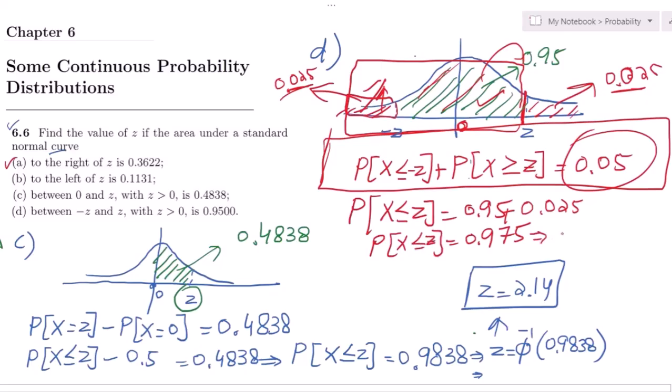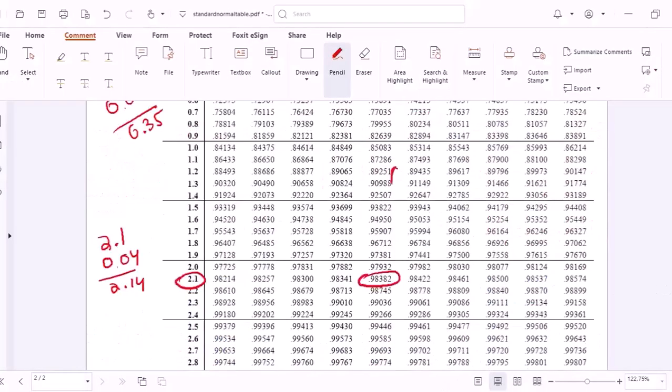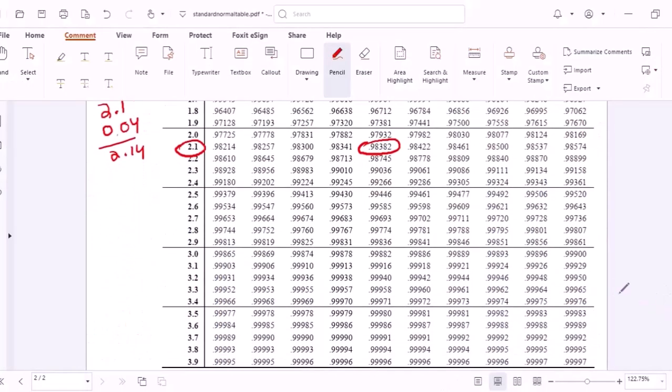Now in order to find the value of z, it would again be the phi inverse of 0.975. Let me find it out from the table. 0.975 is here.